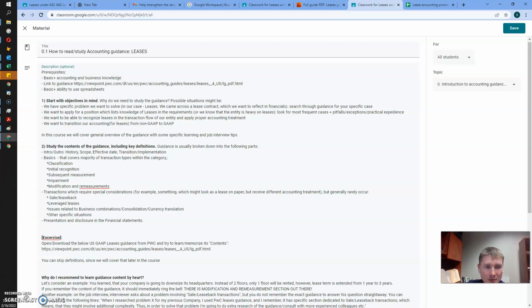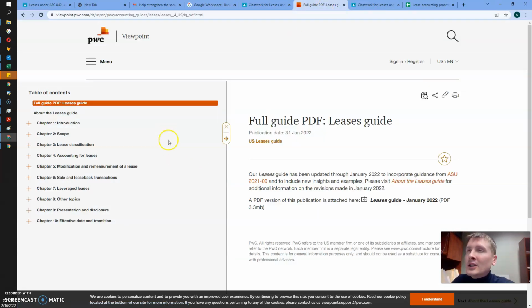So our next step would be to study the contents of the lease guidance. Let's take a look here. These are the contents which I'm talking about. And the lease guidance, similarly to other guidances, has some basic structure.